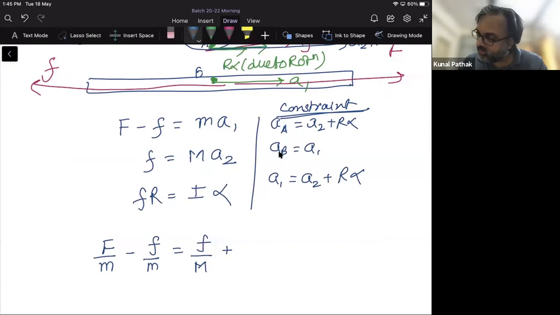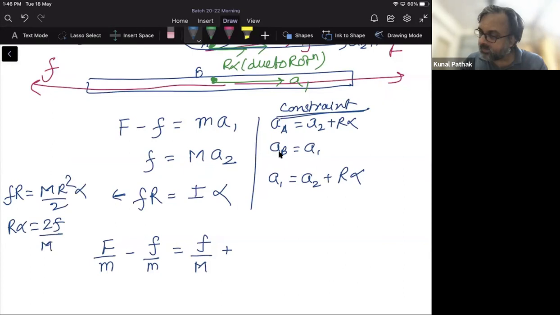Okay, so this equation I can write as fr is equal to mr square by 2 alpha. So r alpha is equal to 2f by m. So this is equal to 2f, right?